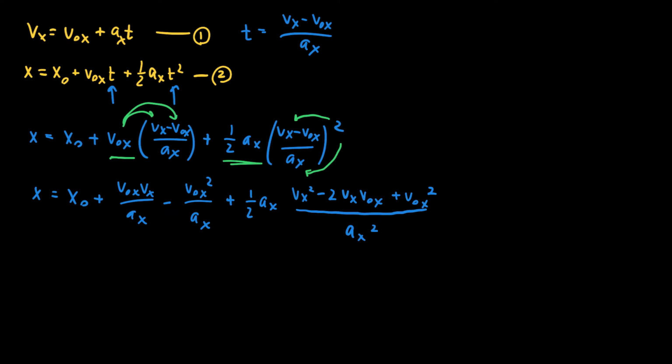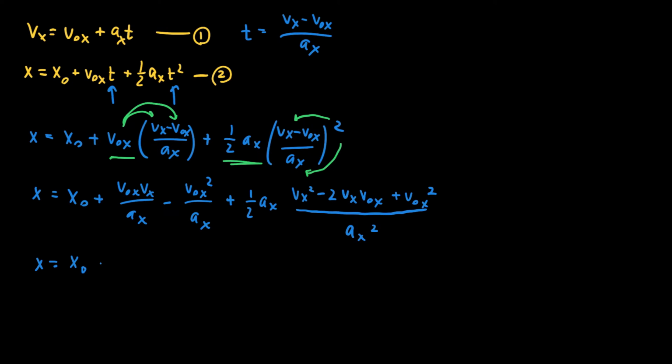Of course one of these ax's will cancel, and then I could distribute the 1/2 into each of the terms and separate them in the same way that I did with the second term in this equation. And so that would look like the following. We just have a few more steps here before everything will cancel out, leaving us with what is quite a useful equation.